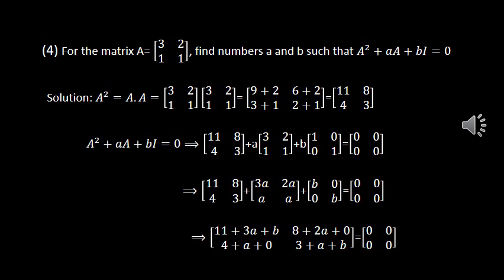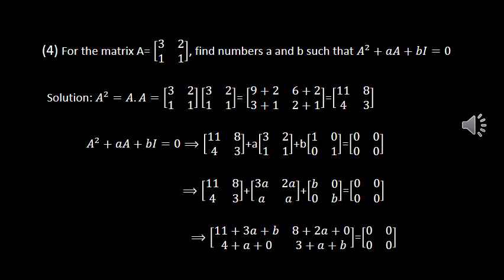Now it is the sum of two matrices. We know how to add: add the respective elements. So 11 plus 3a plus b, all the first elements together. Then 8 plus 2a plus 0. Then second row, 4 plus a plus 0, and 3 plus a plus b, not 0, is equal to the matrix 0, 0, 0, 0.